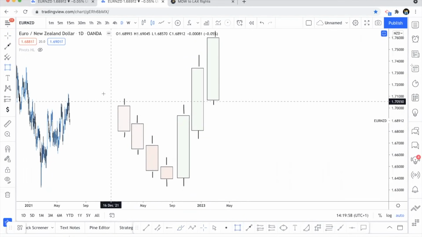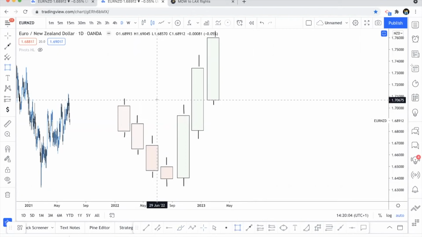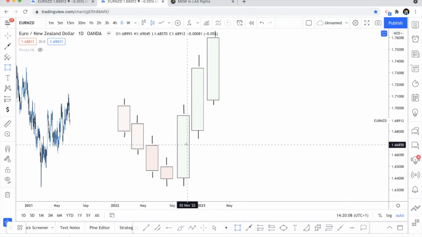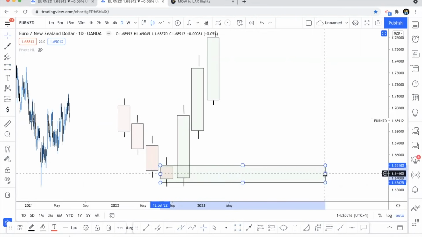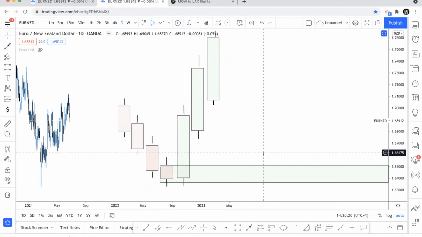Okay, so when we're going on a downtrend, right, and the market just breaks structure like crazy, so fast that a lot of us buyers that want to buy here don't have enough time to buy. So this right here will be our last down candle before this huge move that broke all the structure.